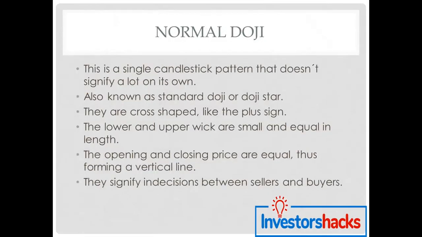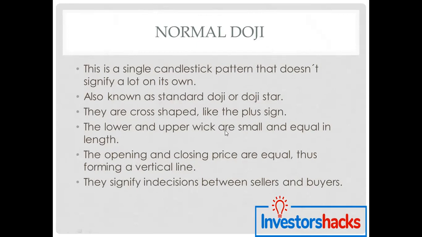Normal doji. With a normal doji, this is a single candlestick pattern that doesn't signify a lot on its own, okay? It's silent. When you see it, there is nothing much you can do about it. They are also known as standard doji or doji star. They are cross-shaped, or they have the sign of a plus, okay?